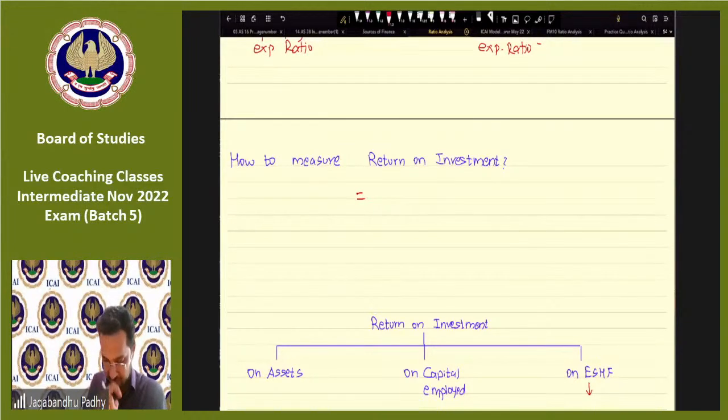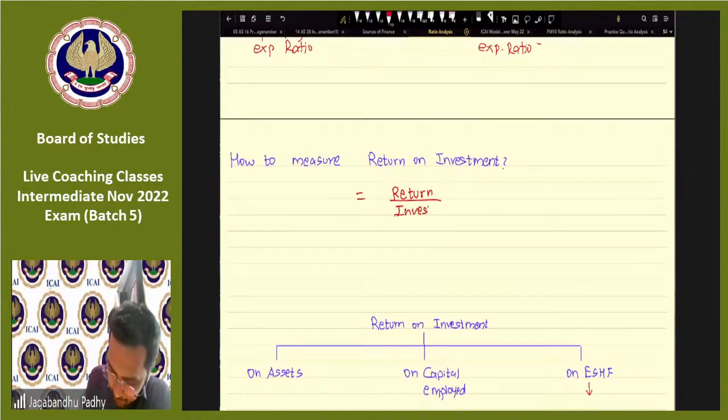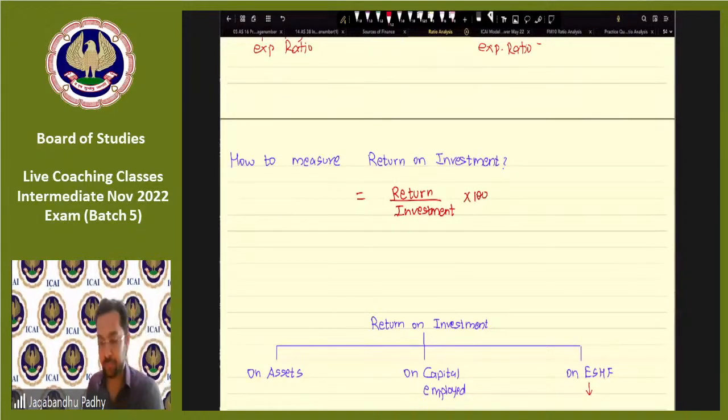You say the rate of return on investment should be what return you are getting, divided by your investment into 100. Okay, return upon investment into 100.